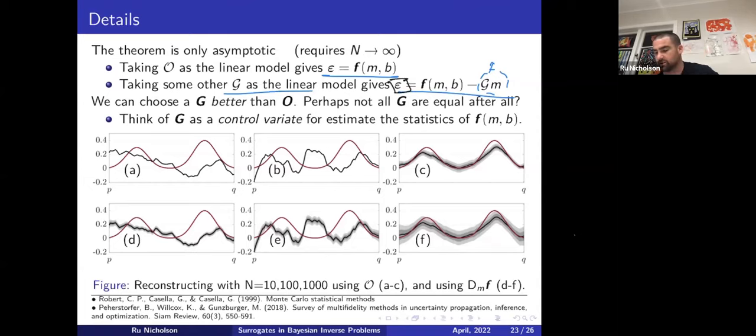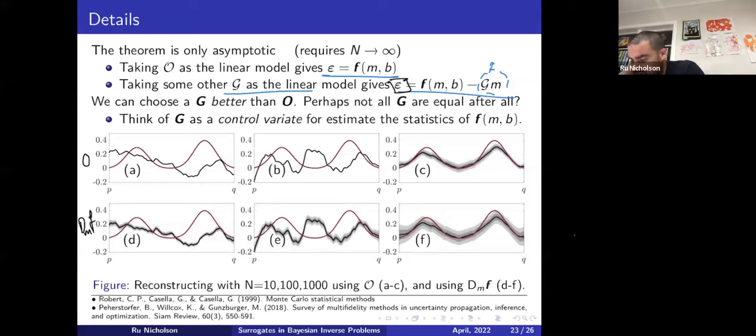Okay, and we can see that in the uncertainty estimates from the previous example. This is for 10, 100, and 1,000 samples. The first one is using the zero model, and this is using the Frechet derivative. And you can see the estimates look almost identical.